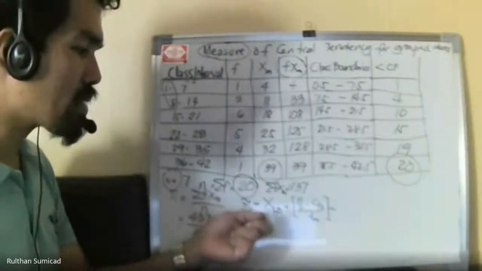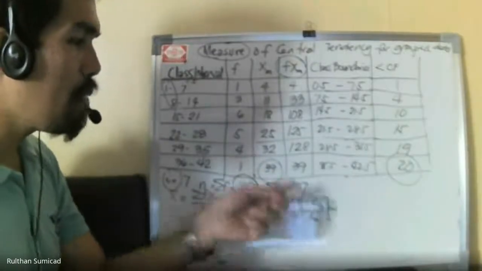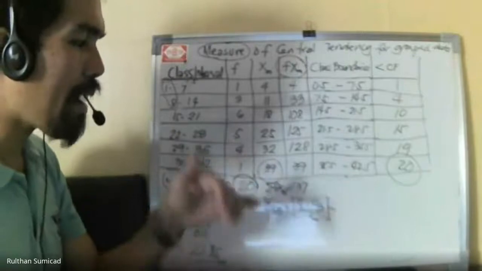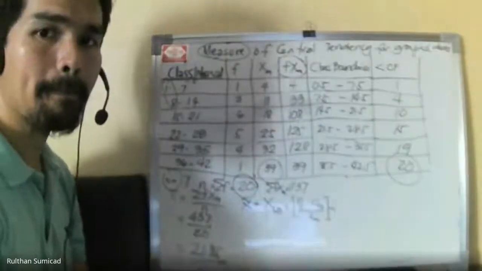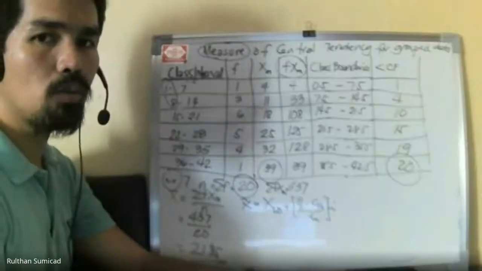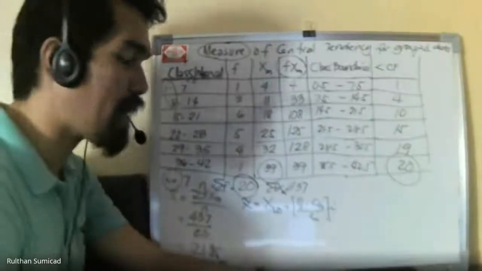Median is equal to x sub LB plus the quantity n divided by 2 minus c f sub b divided by f sub m times i. Can you go back, sir, to the whiteboard? X LB plus n divided by 2 minus c f sub b divided by f sub m times i.